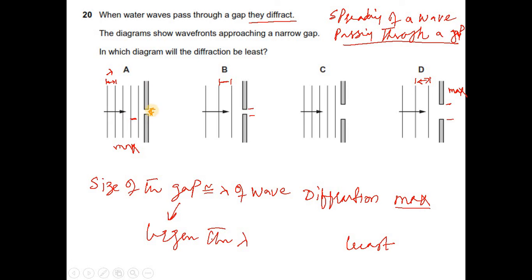Here you have no diffraction at all because the wavelength is much greater than the gap, so the wave cannot pass through it. Here the wavelength is smaller than the gap, so these waves can pass through the gap, but they will diffract least. So your option is C.